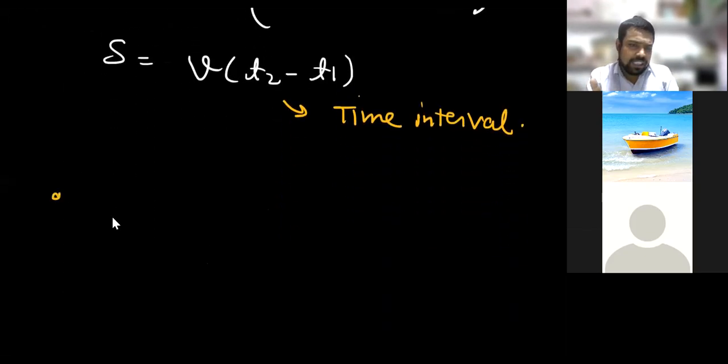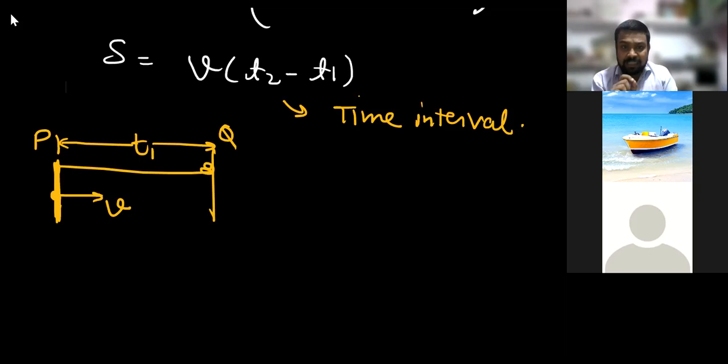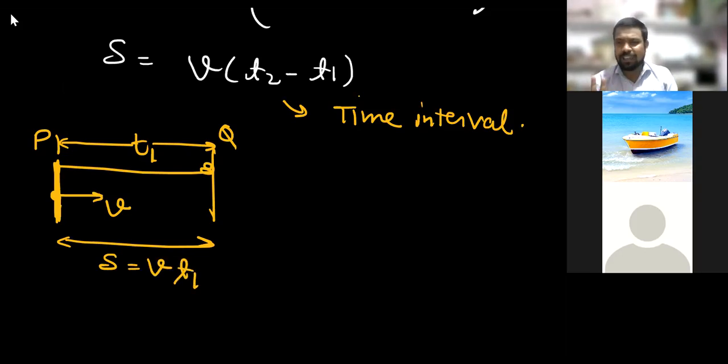Suppose a particle is moving with a velocity v from point P to point Q, taking time t1. So how much displacement is covered? v into t1. Am I right or wrong?